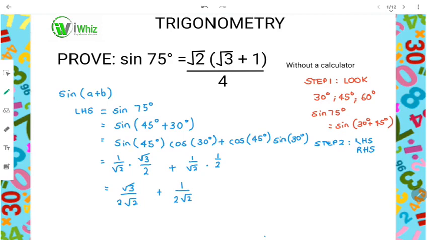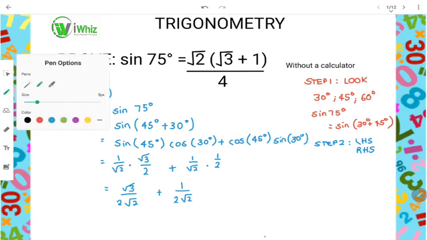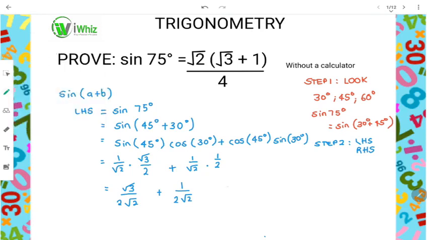Can you see that my numerator is different, but my denominators are the same? Because my denominators are the same, I can say that this is equal to the square root of 3 plus 1 all over 2 square root 2. Why can I say that, Wizards? I can say that because what I've worked with is the same denominator.